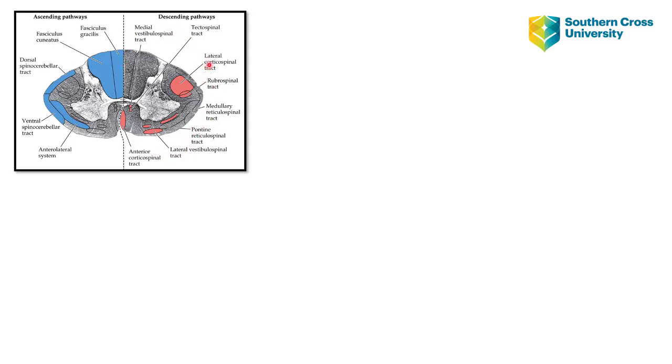So obviously when we're talking about motor control, it's important that we get sensory information up to the central nervous system, in particular the cerebral cortex, so that we can get those sensory impressions in.